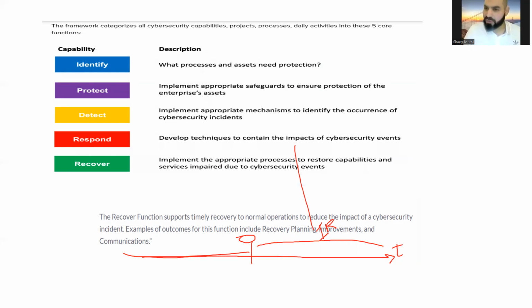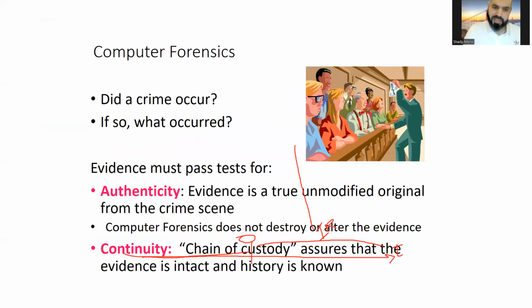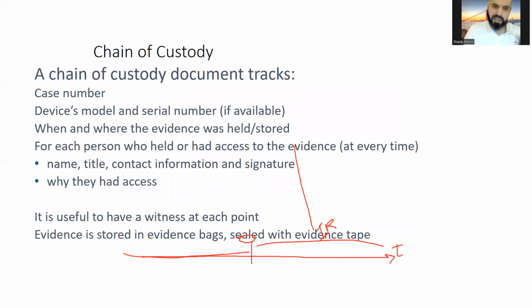If you find one of your employees really doing something bad, and you know about it and don't tell the authorities, then you are part of this crime. So this is responding to attacks.